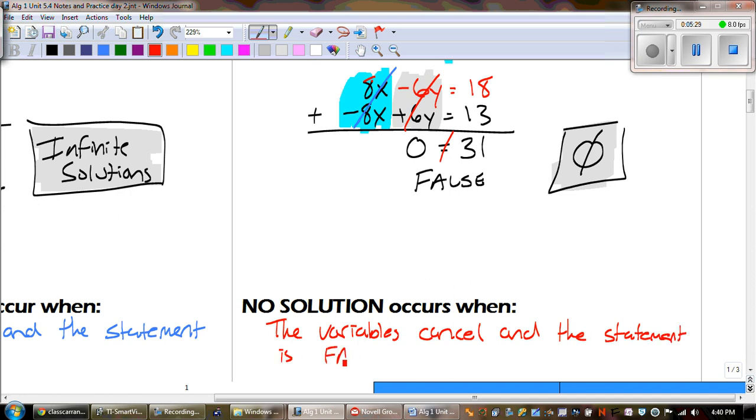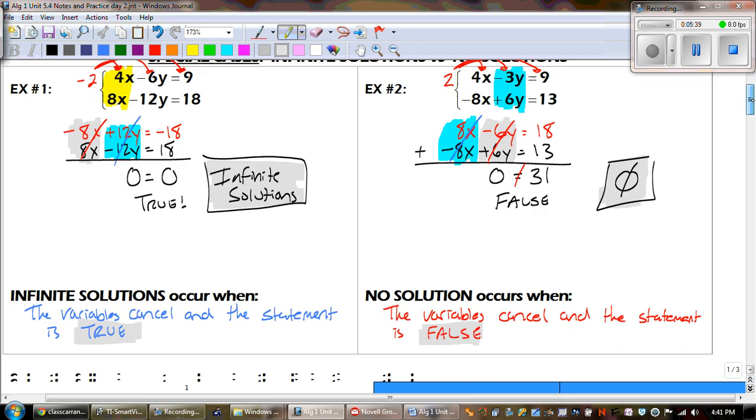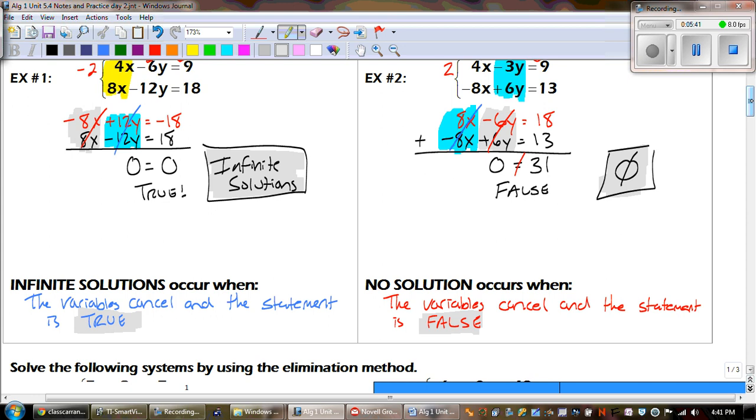It is false. Or just false. Once again, however you want to say it. Okay? So, in infinite and no solutions, the variables on the left cancel, but then we're either left with a true statement or a false statement.